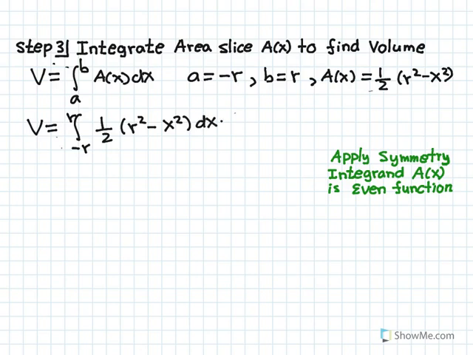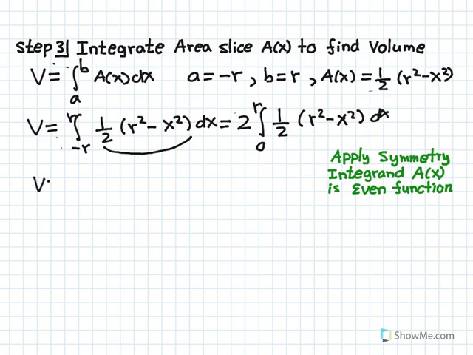Now we can apply symmetry because the integrand is an even function, symmetric about the y-axis, so we can simply take 2 times the integral from 0 to r and save ourselves some computation. 1/2 times r squared minus x squared dx.